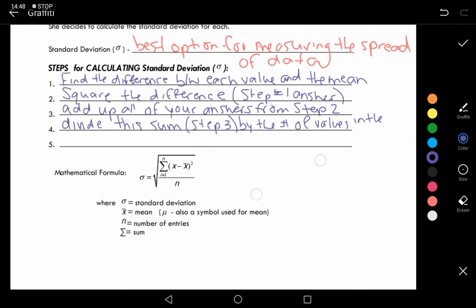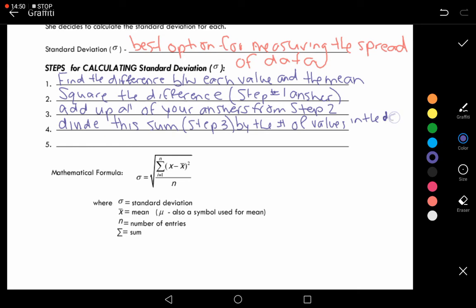And the very last step is to take the square root of your answer from step 4.